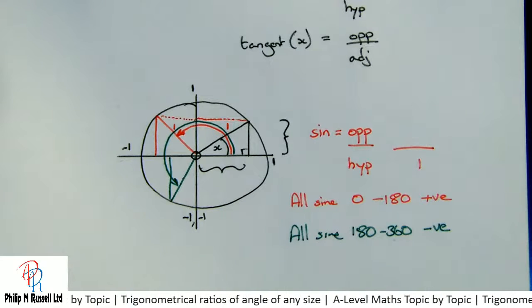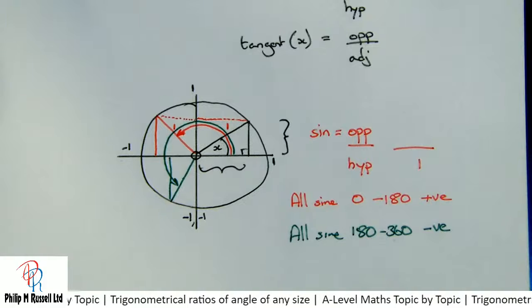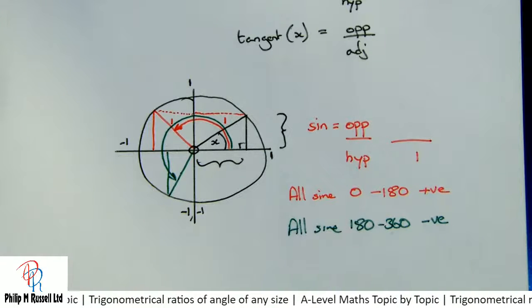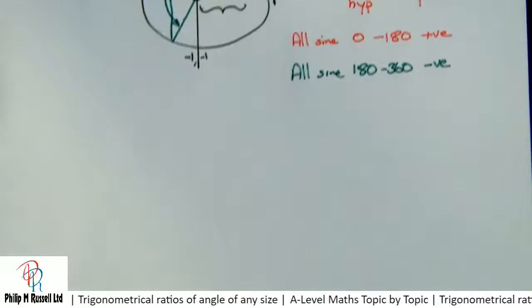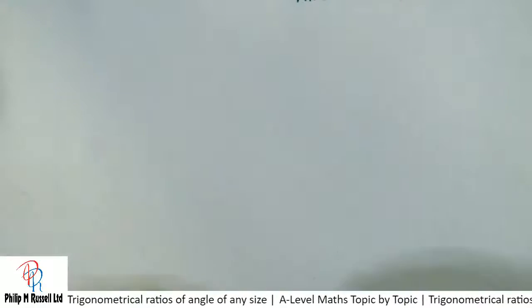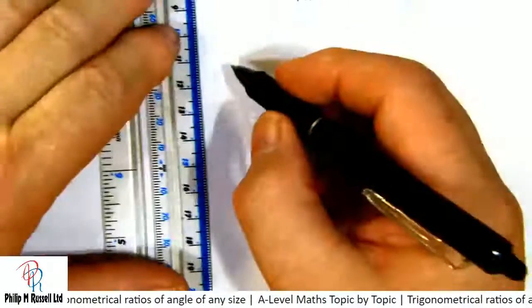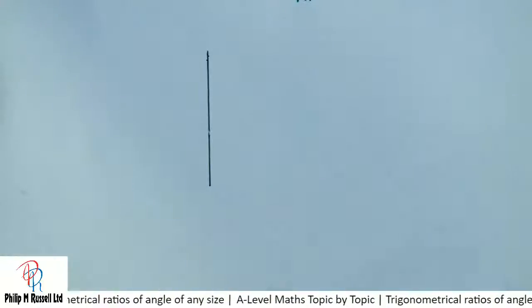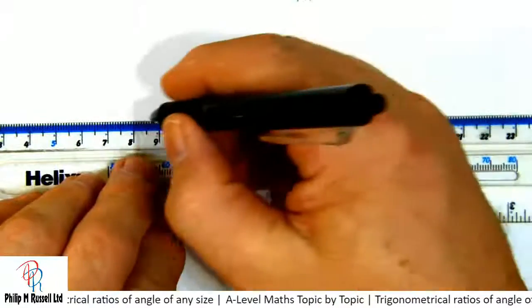We can do exactly the same with cosine, and let's just quickly look at that. So if I'm going to look at cosine, we're going to try and draw one of these awful circles again.